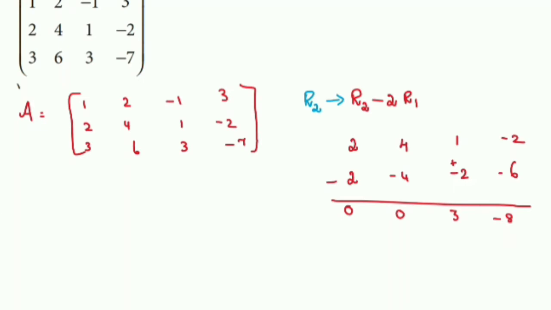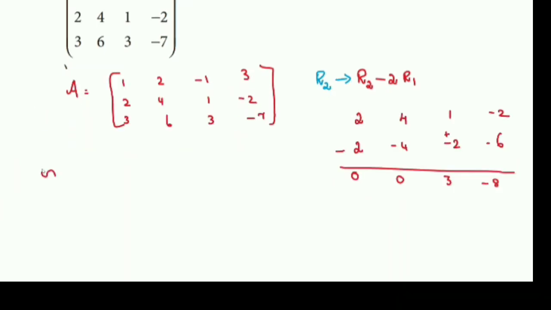I am going to write this with the equivalent sign, the sign for equivalent matrices. So we did an elementary row transformation, and the new matrix will become an equivalent matrix. First row we have not done anything, so you write it as it is: 1, 2, minus 1, 3.